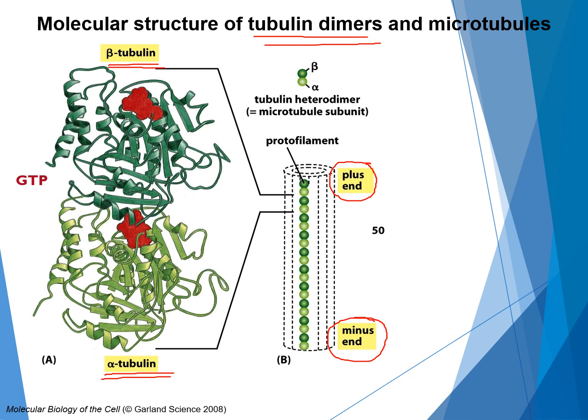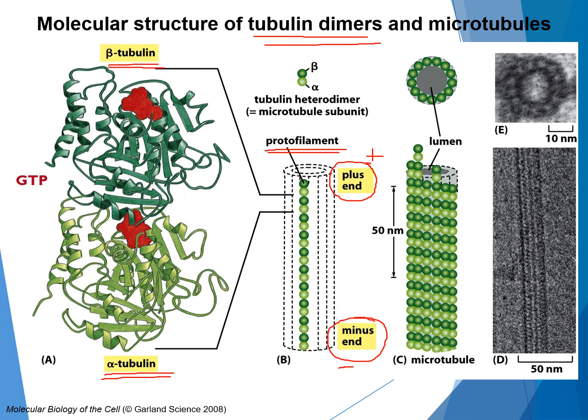Every single strand of the sequence of alpha and beta tubulin, we call it a protofilament. The additions come from this plus end, while the dissociation or depolymerization of this microtubule occurs at the minus end.